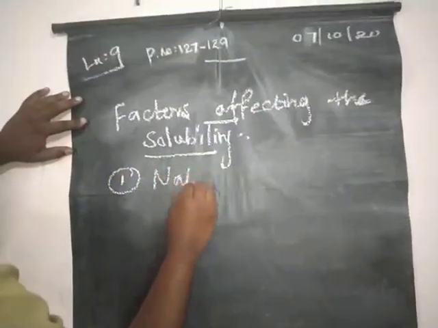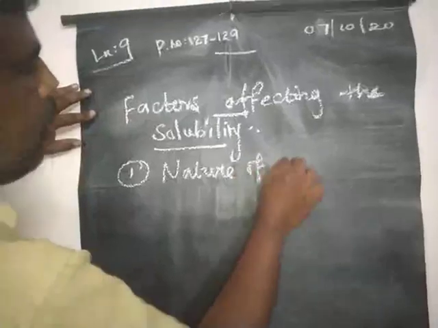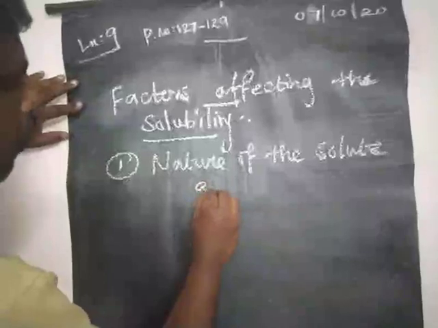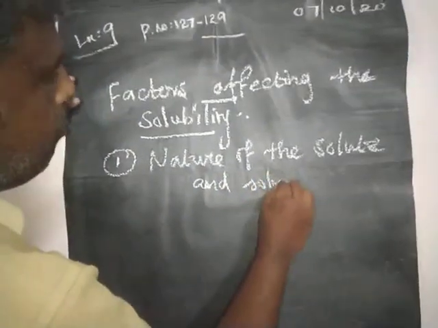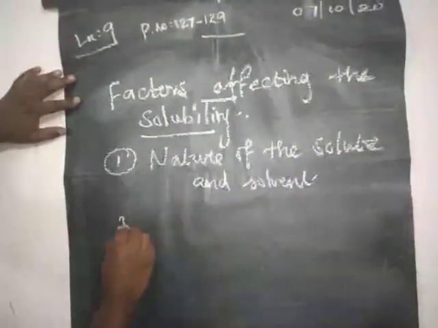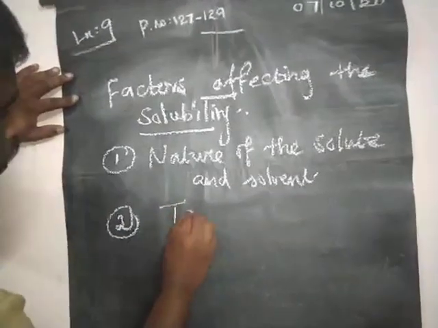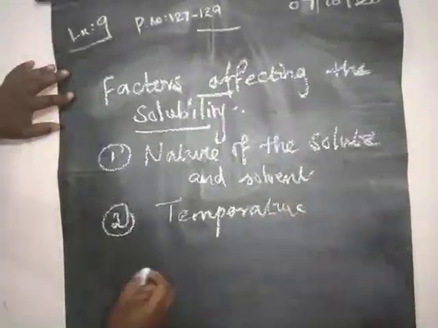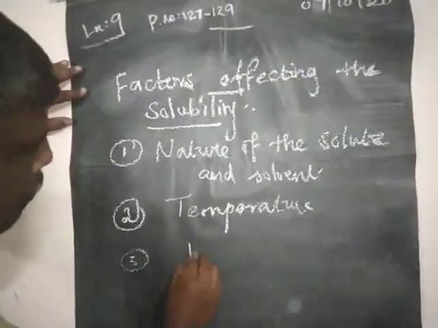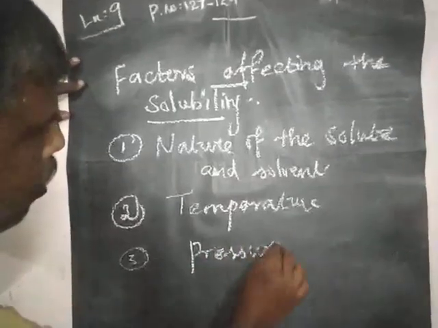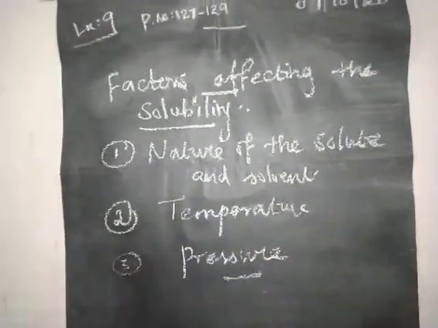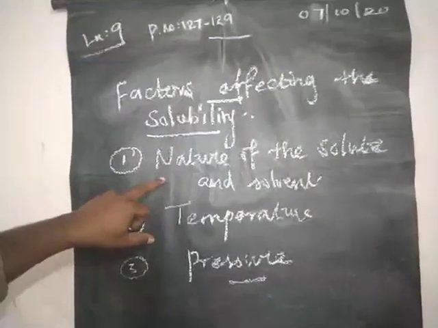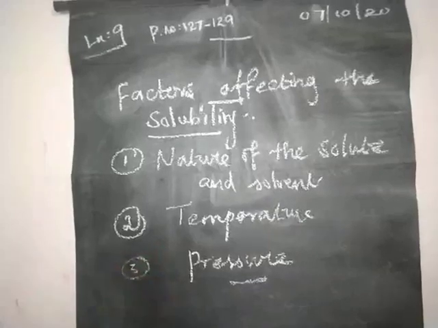What is meant by factors? Factors affecting the solubility. One is the nature of the solute and solvent. Second one, temperature. Third one, pressure. So these are all the factors affecting the solubility: nature of the solute and solvent, temperature, and pressure.